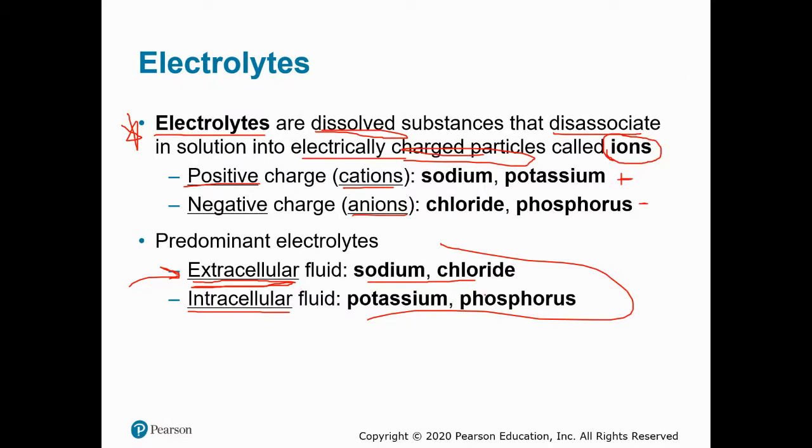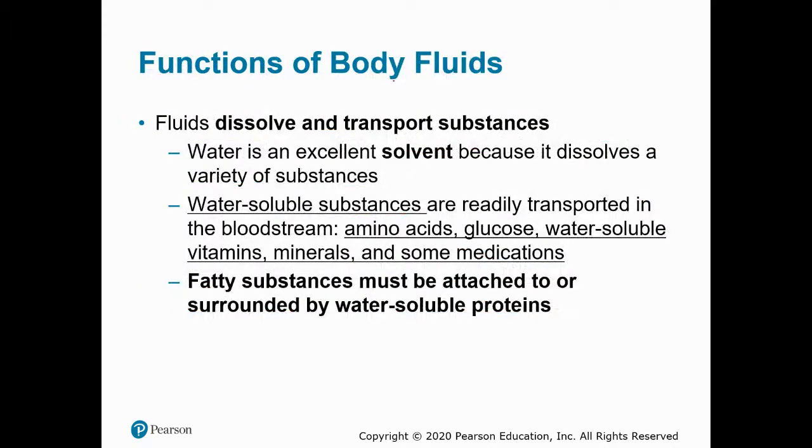Okay, so we're going to revisit all of this as we go through each one of these electrolytes. But first, we're going to talk a little bit more about body fluids in general, some of the functions of body fluid, and why it's important to talk about it. First of all, fluid is a means of helping us make different substances available to the body for use.